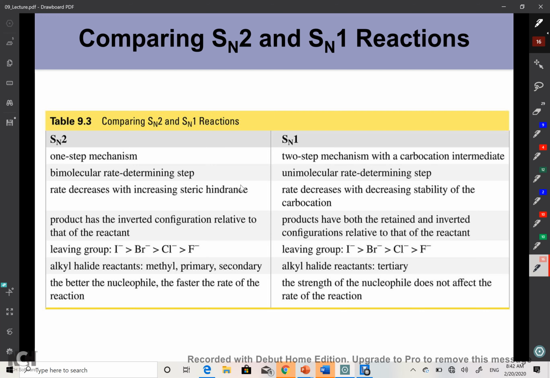In terms of stereochemistry, for the SN2, we always have inversion of configuration, whereas for the SN1, we will have retention and inversion, so that's what we call a racemate. For the leaving group, iodide is better than fluoride for the SN2, and the same for the SN1. Tertiary alkyl halides prefer to go through SN1, whereas primary and secondary prefer to go through SN2. So that's basically a summary comparison between the SN1 and the SN2.